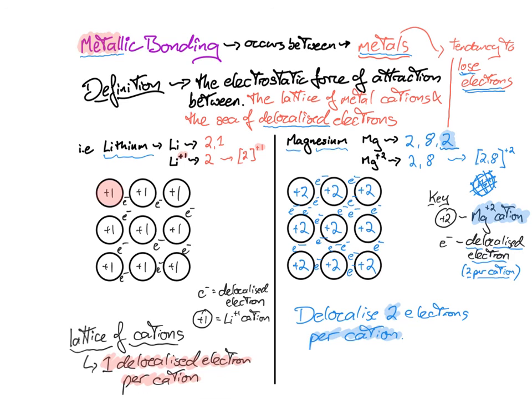Definition being the electrostatic force of attraction between the lattice of metal cations, those are the positive things, and the sea of delocalized electrons, those are the negative things.